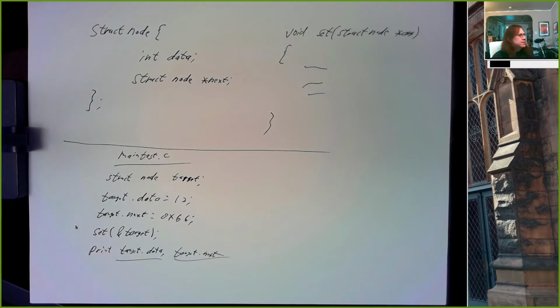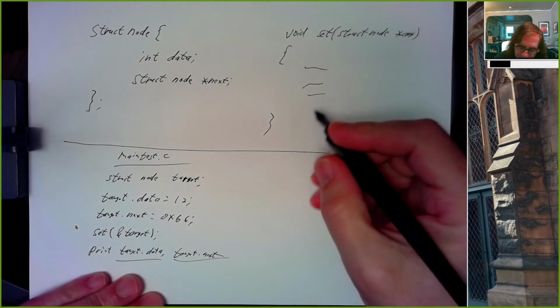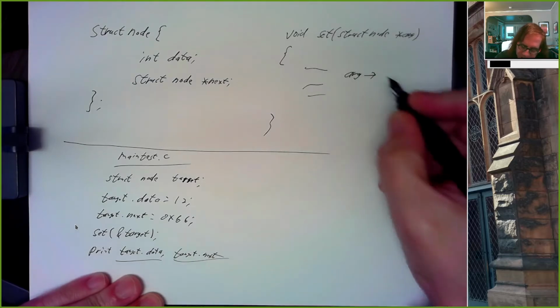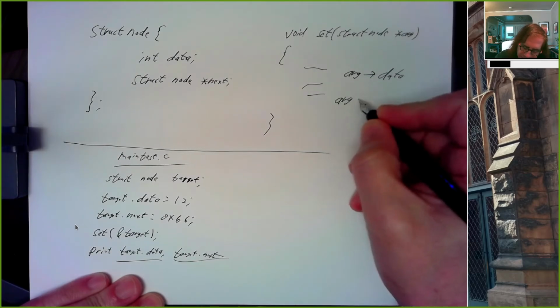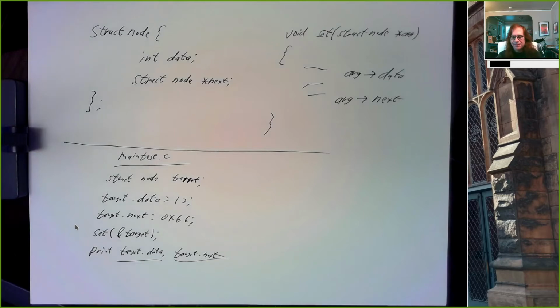So how do we make the set function? Well, you're getting a pointer to your struct node, and if you want to access the data field, you can do it with the arrow notation. And if you want to access the next field, you can do it with the arrow notation too: the dash followed by the greater-than sign. Those are the pieces of data that we're interested in.